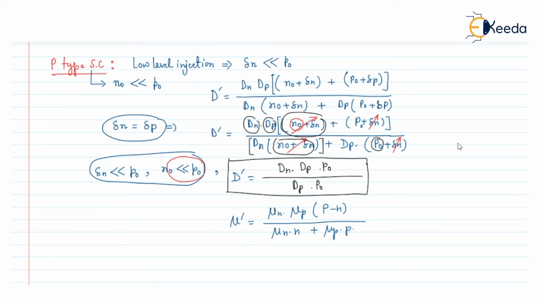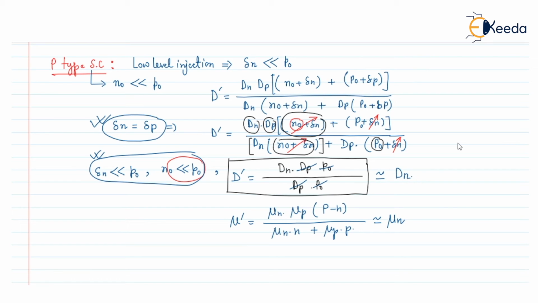This was the equation. So if you use this approximation, then it will be nearly equal to mu n, and this D dash value will be nearly equal to this dp, dp will cancel out, p0, p0 cancel out, so it will come as dn.